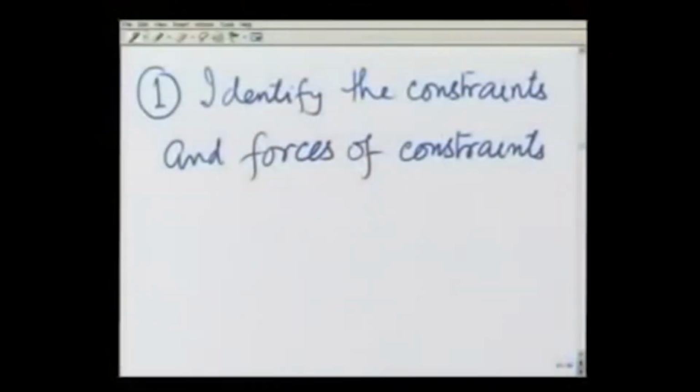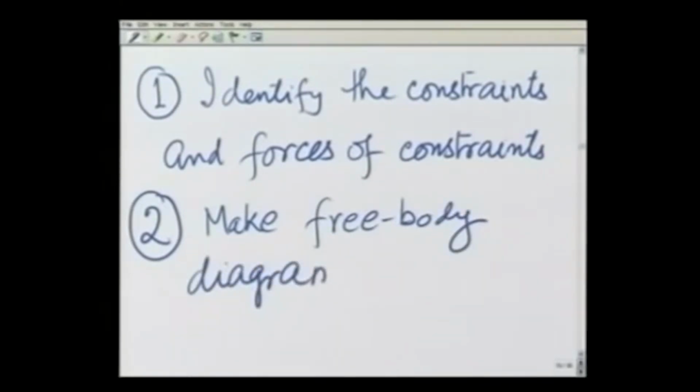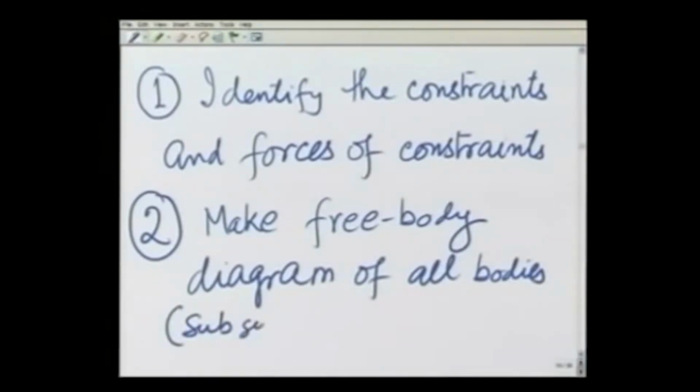Once I have identified the constraints and forces of constraint, the second step is make free body diagram of all bodies, and these bodies, which are treated separately, are also called subsystems of the system.